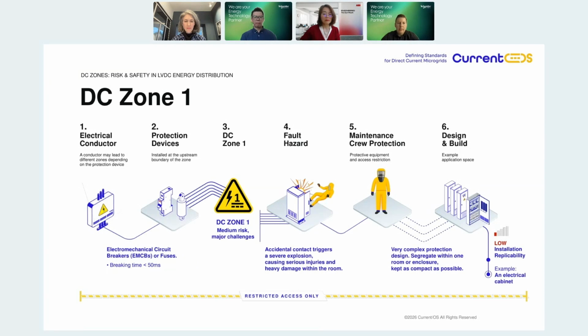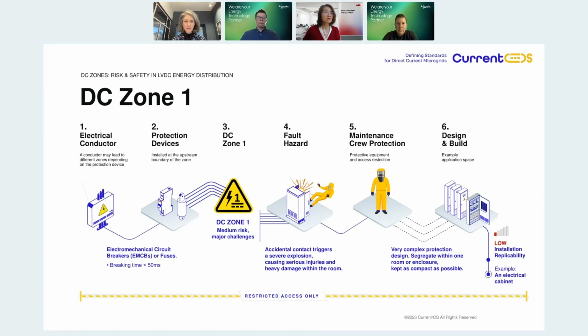If you go to DC zone 1, then there is already a first level of protection between the source and the distribution. So for example, an electromechanical breaker or a fuse with a typical breaking time of less than 50 milliseconds. There we are in DC zone 1.